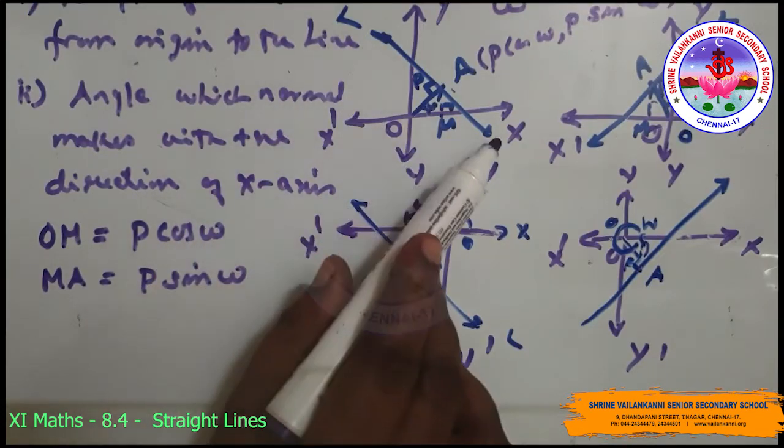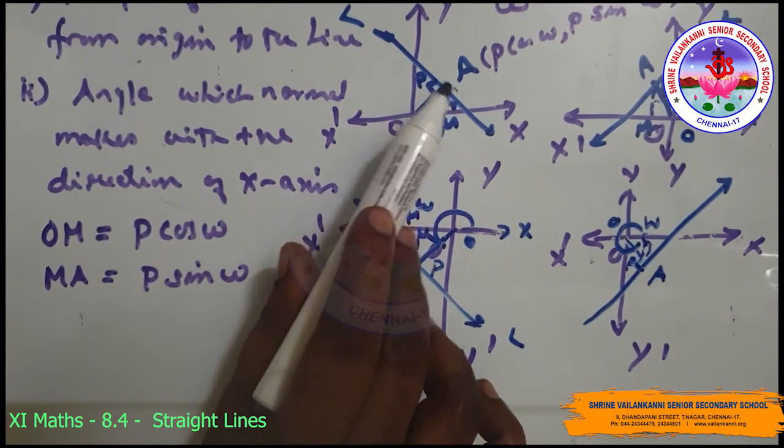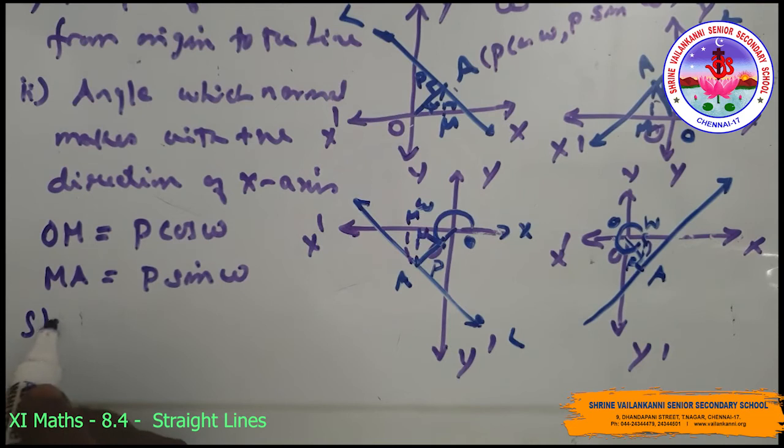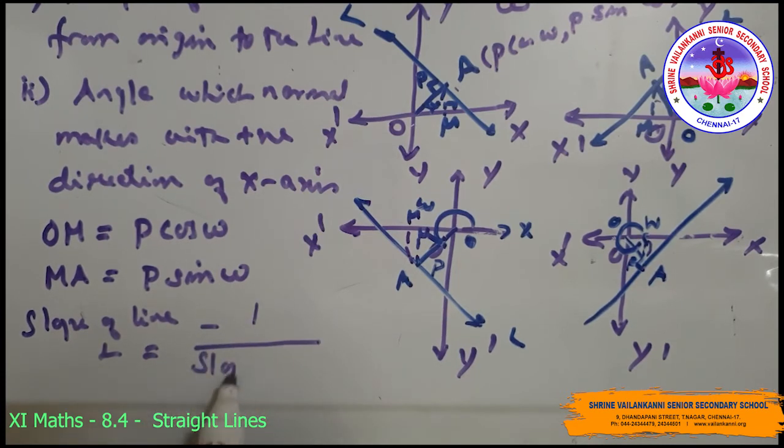The line L is perpendicular to OA. Therefore, the slope of line L is equal to minus 1 by the slope of OA, since L is perpendicular to OA.